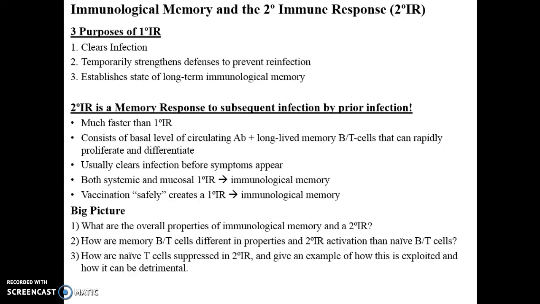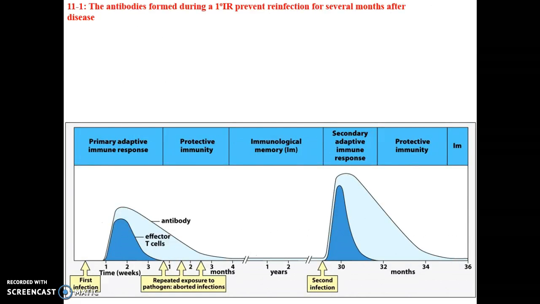All right, so big picture, what are the overall properties of immunological memory and the secondary immune response? How are memory B and T cells different in properties? And how are naive T cells and B cells suppressed in the secondary immune response? Here the section title is "The Antibodies Formed During Primary Immune Response Prevent Reinfection for Several Months After Disease."